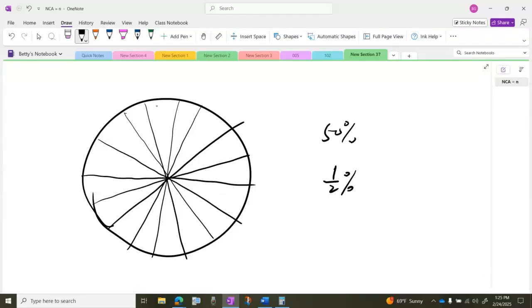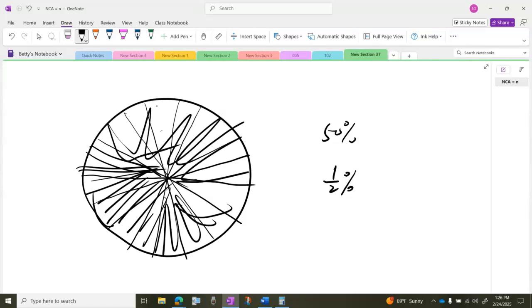So I'm going to cut it very small, like 100 equal slices, and half percent is half of one slice.